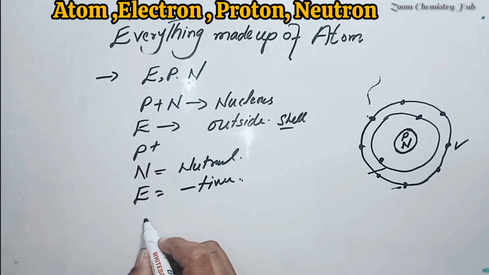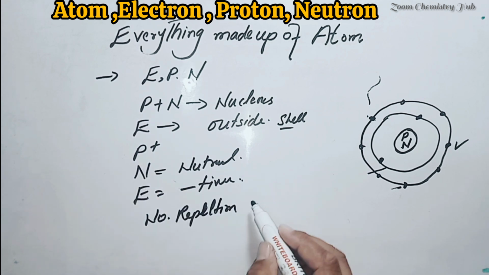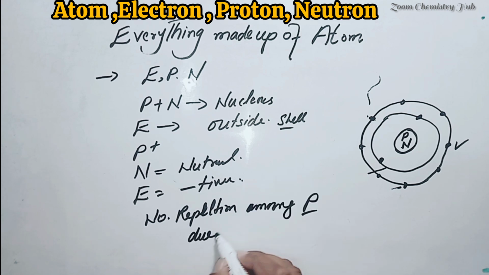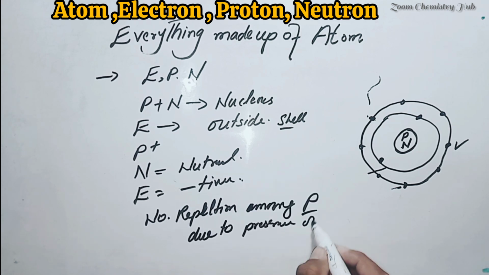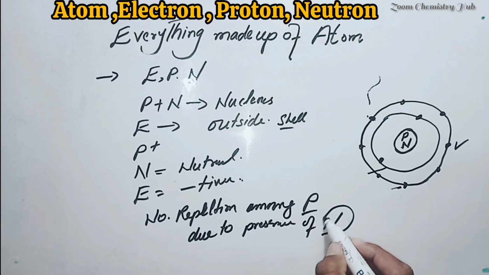There is no repulsion among the protons in the nucleus due to the presence of neutrons among the protons.